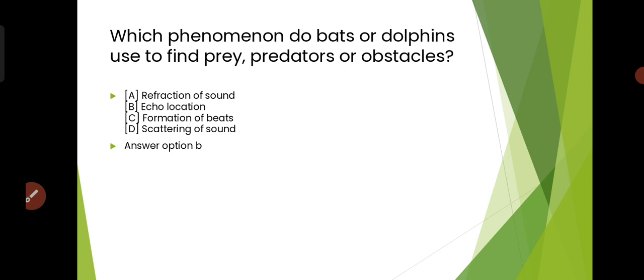Echolocation is a process of determining the location of an object by reflecting sounds. The same process we use in technology like sonar or even in radars. Okay, now moving on to the next question.